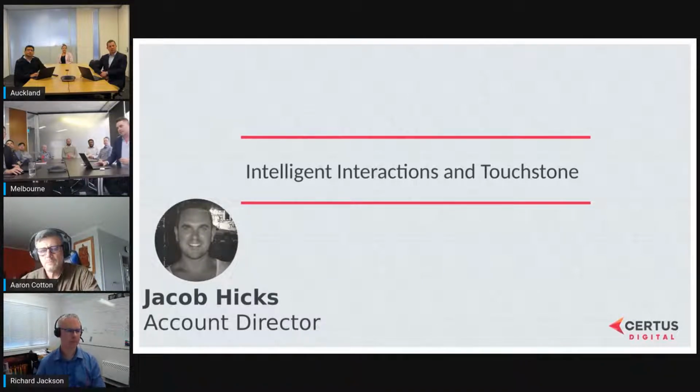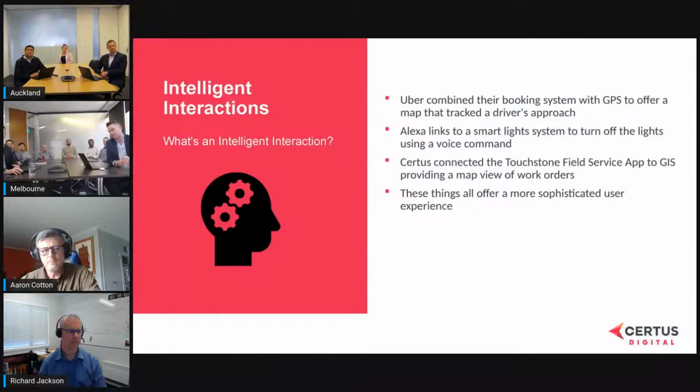But essentially, intelligent interactions is when we think about our expectations of how we interact with technology. It's becoming increasingly demanding, and realistically, new technology needs to be presented as intelligent. An intelligent interaction focuses the user experience and the software for a sophisticated interaction. We are using intelligent interactions every day.